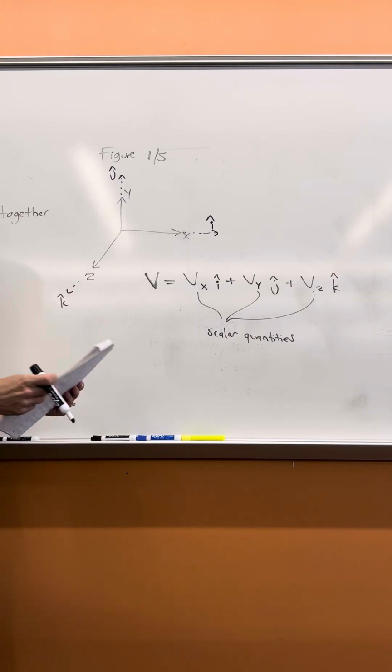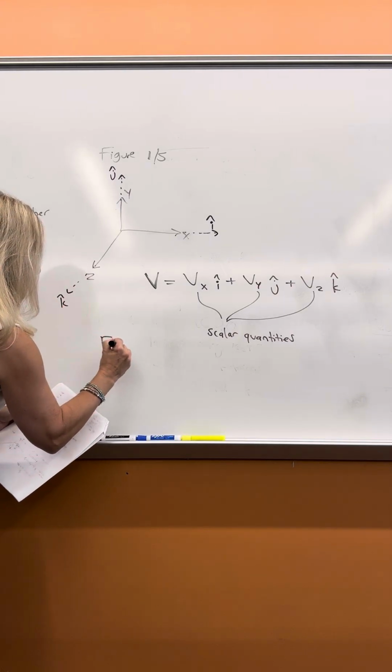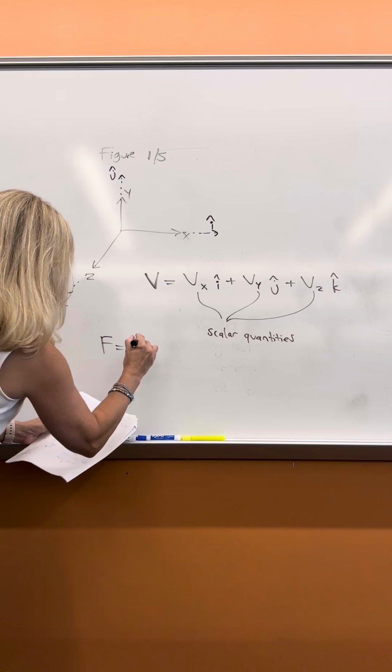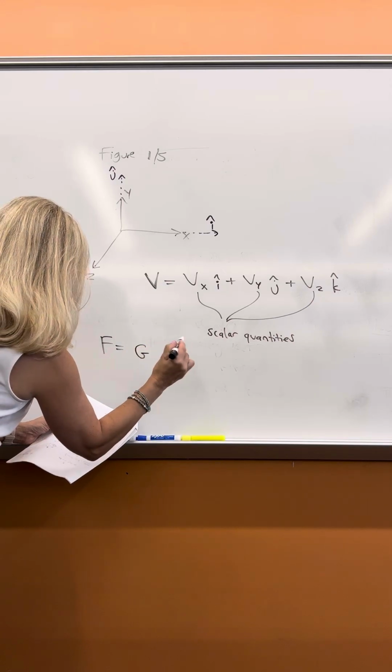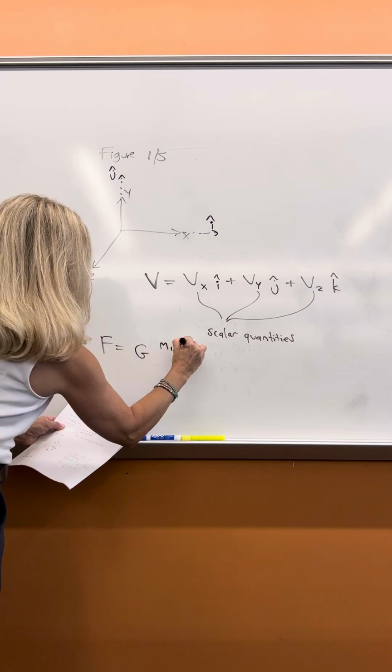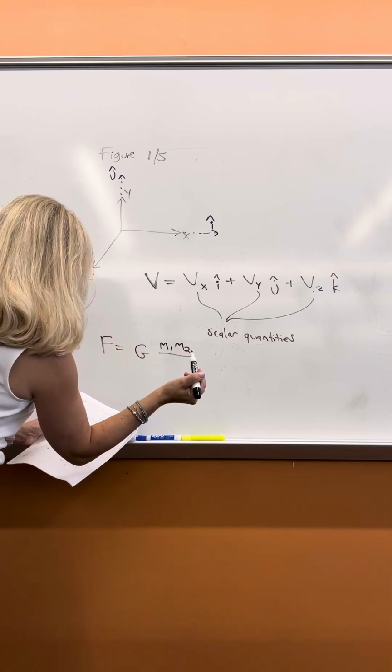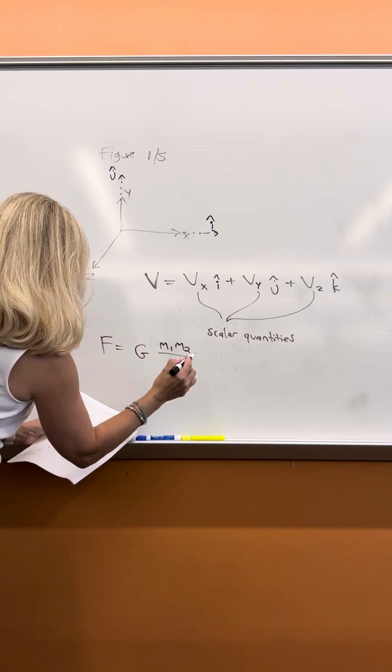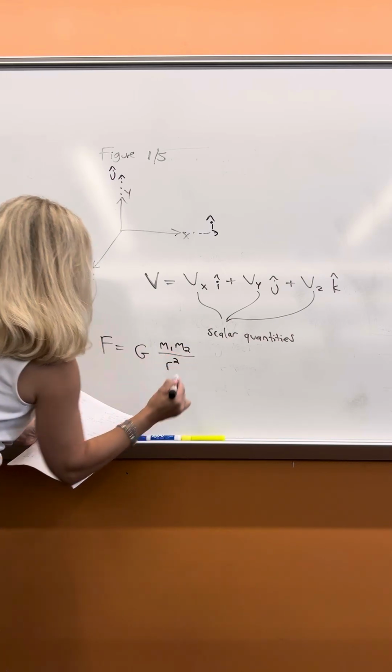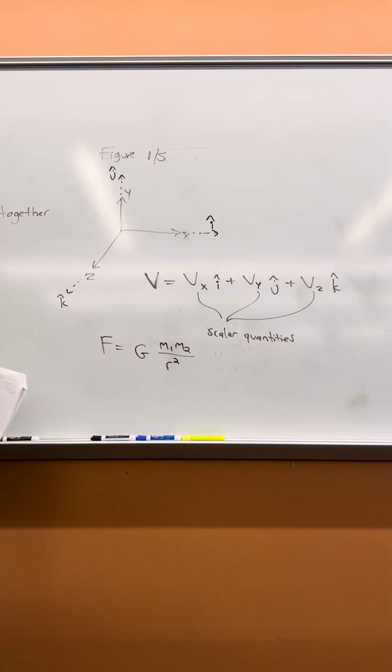And just for review, Newton's law of gravitation states that force equals the constant of gravitation times the two masses, so m1 and m2, over r squared, where r is the distance between the two masses. So I will let you review that.